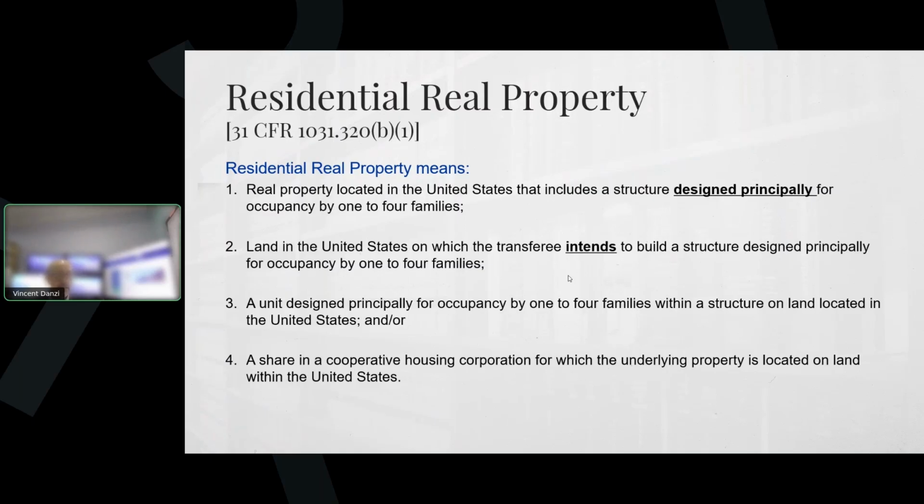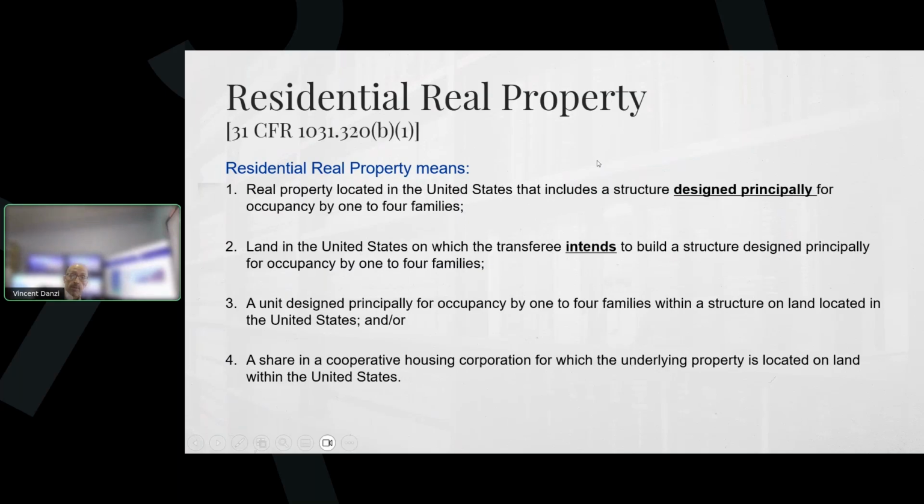So that's pretty much straightforward. I think generally you'll know pretty clearly whether or not you're dealing with residential real property. You'll either have a house on it, or it will be zoned in a certain way. But I doubt that there will be much controversy about whether property fits the definition.